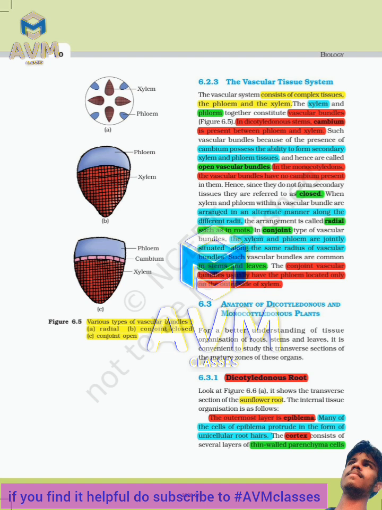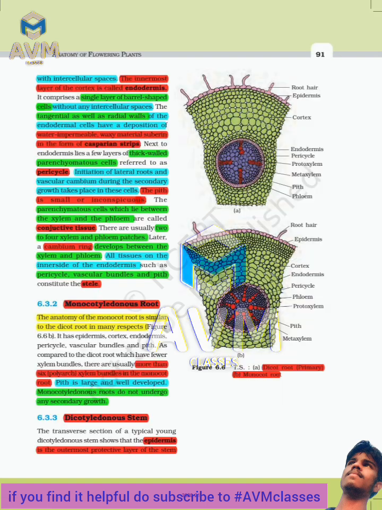The outermost layer is epidermis. Many of the epidermal cells protrude in the form of unicellular root hairs. The cortex consists of several layers of thin-walled parenchyma cells with intercellular spaces. The innermost layer of the cortex is called endodermis.